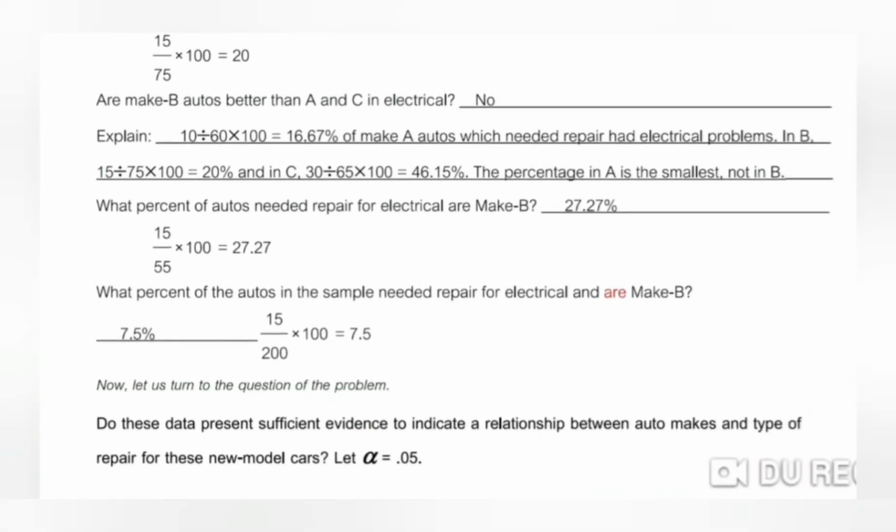After that, you can ask, do these data present sufficient evidence to indicate a relationship between outdoor make and type of repair? The two variables are dependent or independent. This is the meaning: there is a relationship between the two variables, at 5.05.